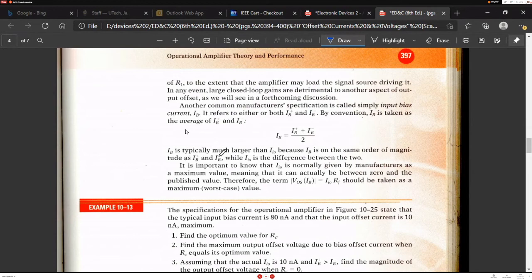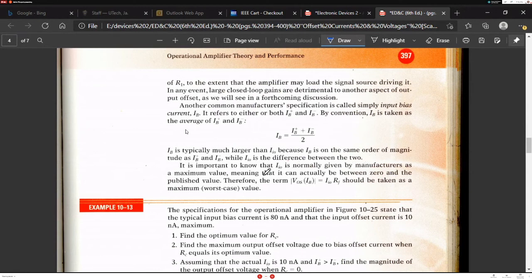And I say IB is typically much larger than IIO. Remember, IIO is what? The difference between the two. Well, IB is the average of the two. Because IB is on the same order of magnitude as IB plus and IB minus, while IIO is a difference between the two.